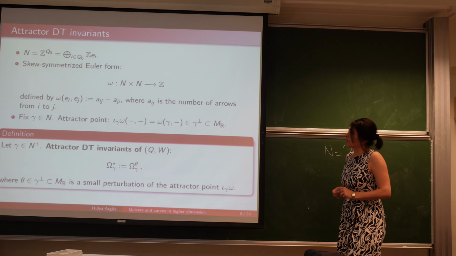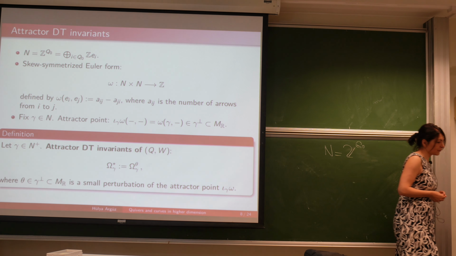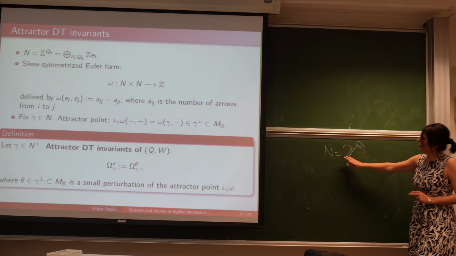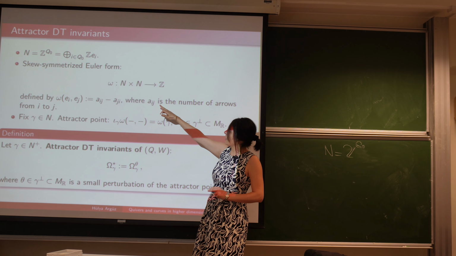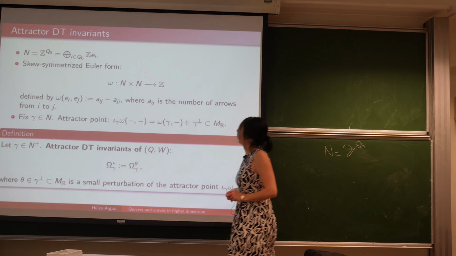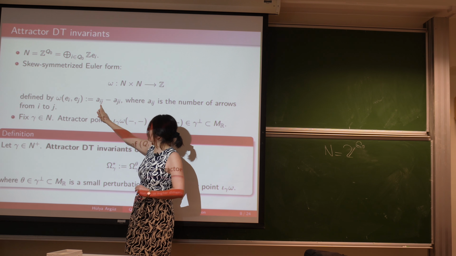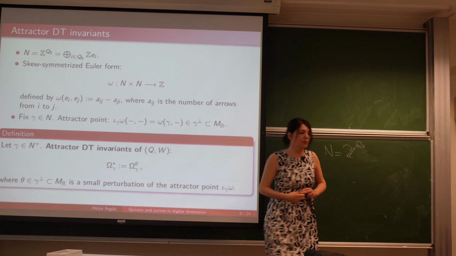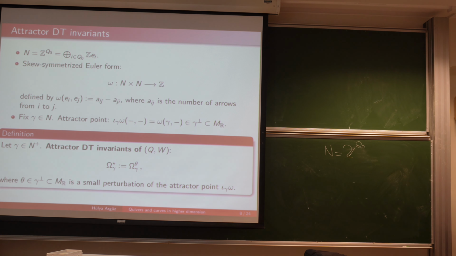There is a particularly nice set of quiver DT invariants called attractor DT invariants, which are relatively easier to calculate. They are defined as follows. You have your lattice N, and there's a natural skew-symmetric form omega on N, defined on basis elements by a_ij minus a_ji, where a_ij is the number of arrows from the ith vertex to the jth vertex, and similarly a_ji.